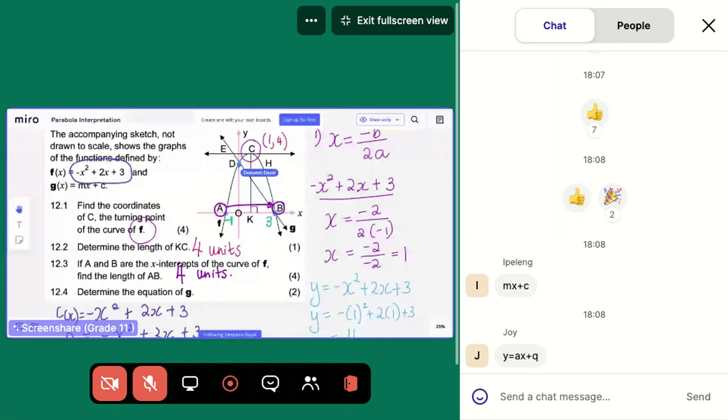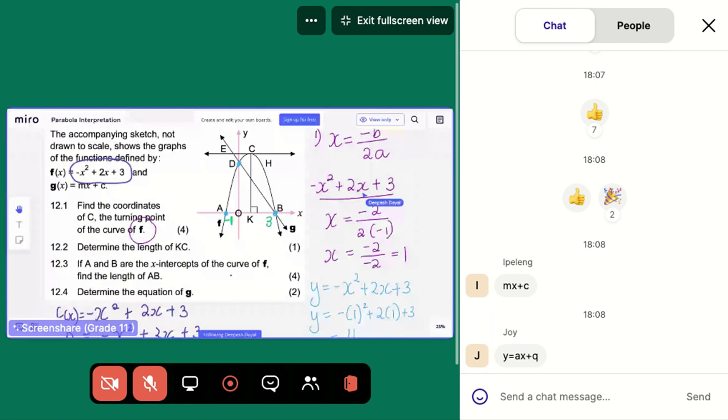I'm just going to clean this up a bit so we can see. So we need to find the y-intercept of the parabola.